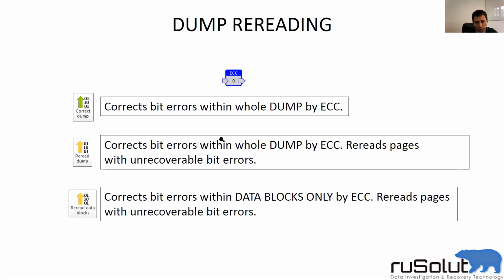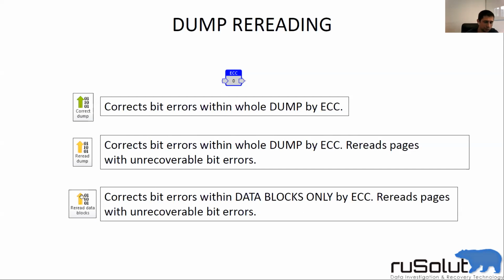First, it will correct bit errors of pages where it's possible to do so, on light green pages, and dark green pages will be read again from the dump. And with this option, reread dump, it will do this on the whole dump.